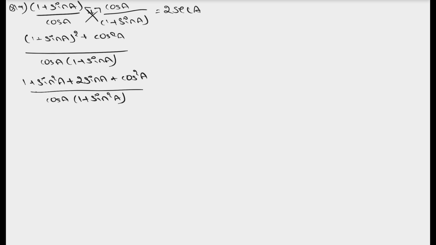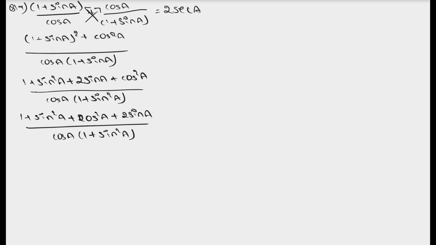Let's write those two terms in one place. We'll get 1 plus sin square A plus cos square A plus 2 sin A by cos A into 1 plus sin A.